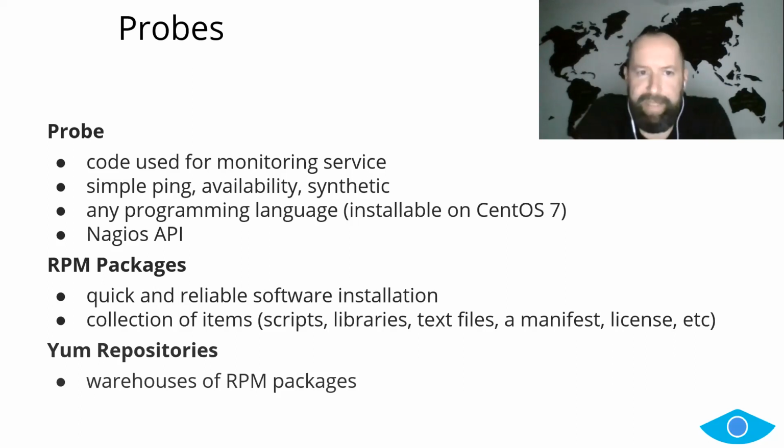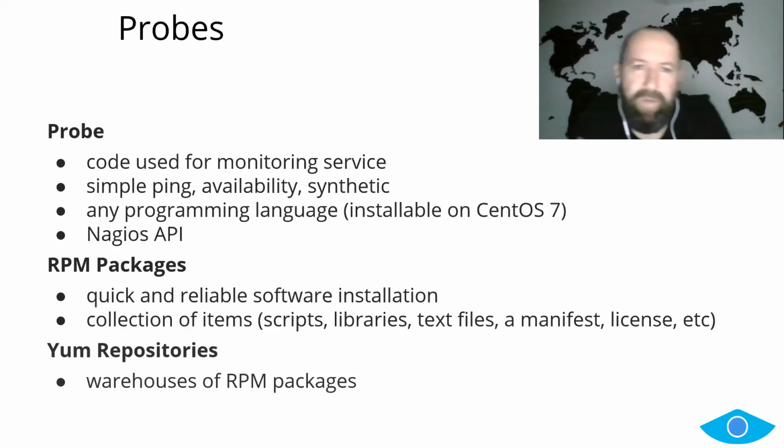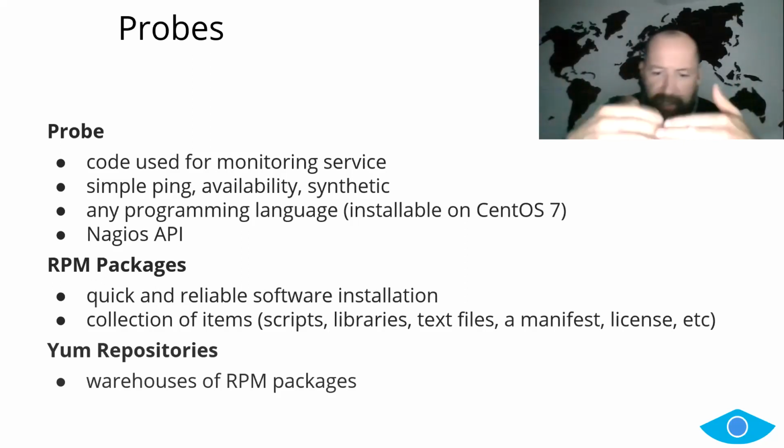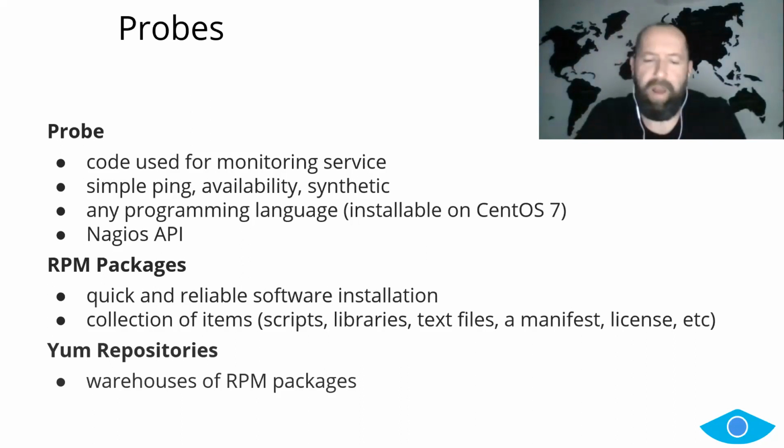Now, it supports any programming language. It can range from a simple ping to more advanced availability checks, to what we've seen a lot of people do: for services that provide their own internal health checks, you just go and query that particular thing, to read something like JMX.